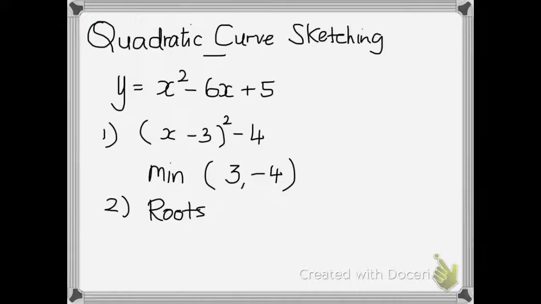That one or two points where the curve crosses the x-axis are called the roots. Since it is quadratic, there will definitely be 2 of them because it's x squared. Whether these 2 are the same or not, we will discuss later.